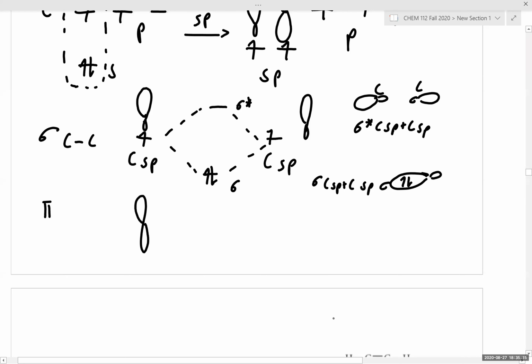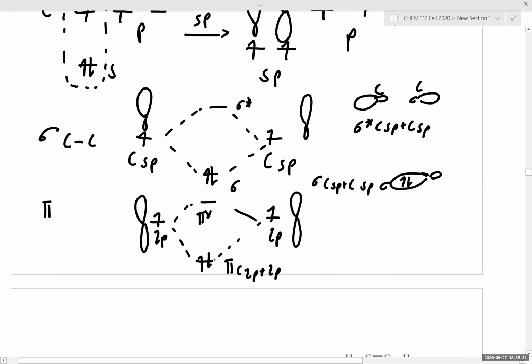In our first case, we can overlap our 2 p orbitals that are arranged on the vertical axis, and that in turn gives us a pi bond and a pi star, in which case our pi bond would look something like this. So that's our first pi bond.